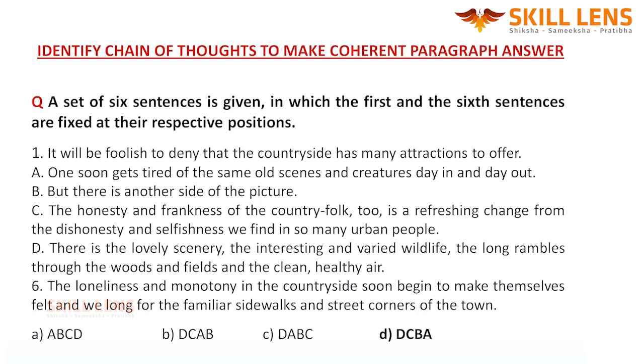The first three sentences talk to us about the attractions in the countryside, whereas sentence B introduces to us the contradictory picture of the countryside. It introduces so with the usage of the word but. It says, but there is another side of the picture. Sentence A and sentence 6 talk to us about what the other side of the picture is. As such, we arrive at our answer to be D, C, B, A for this question.